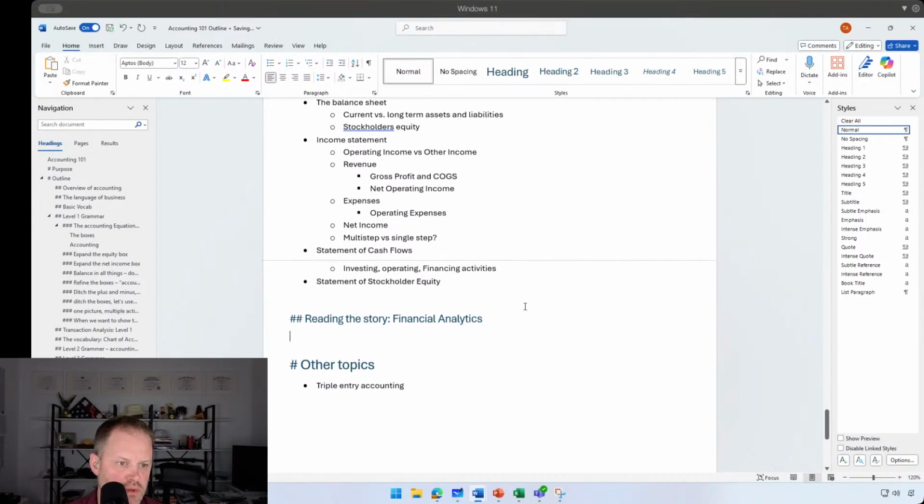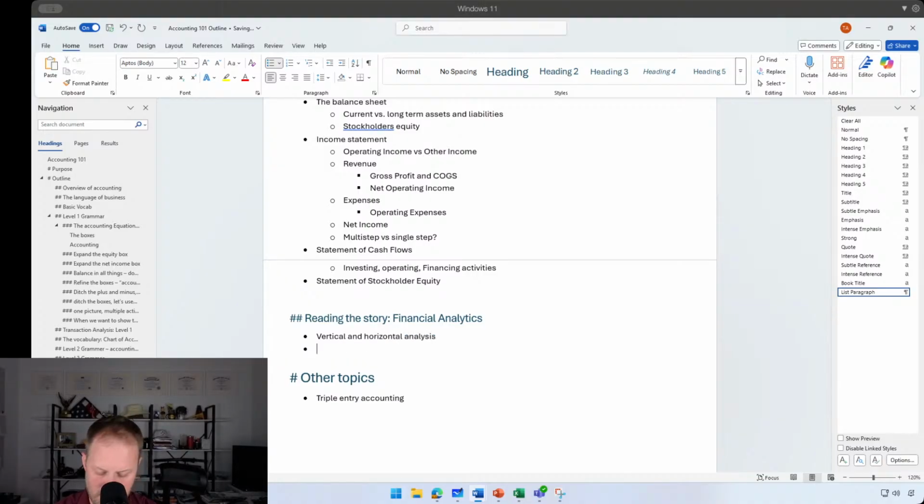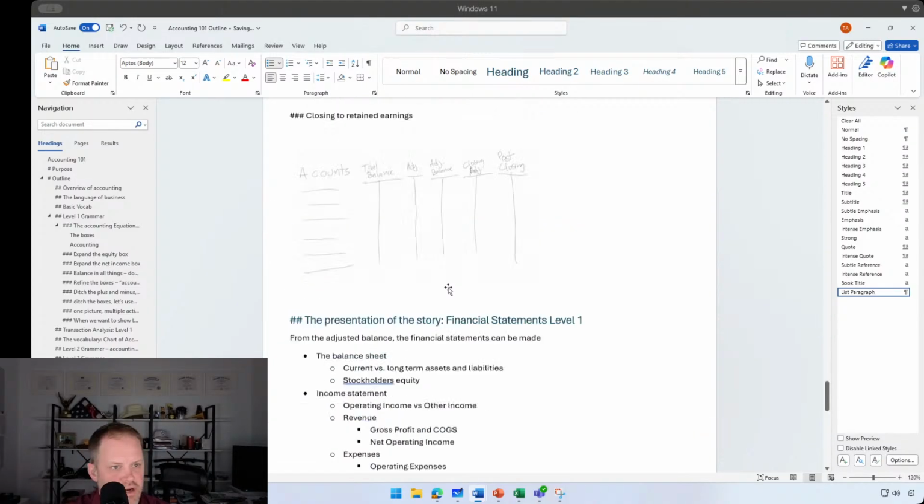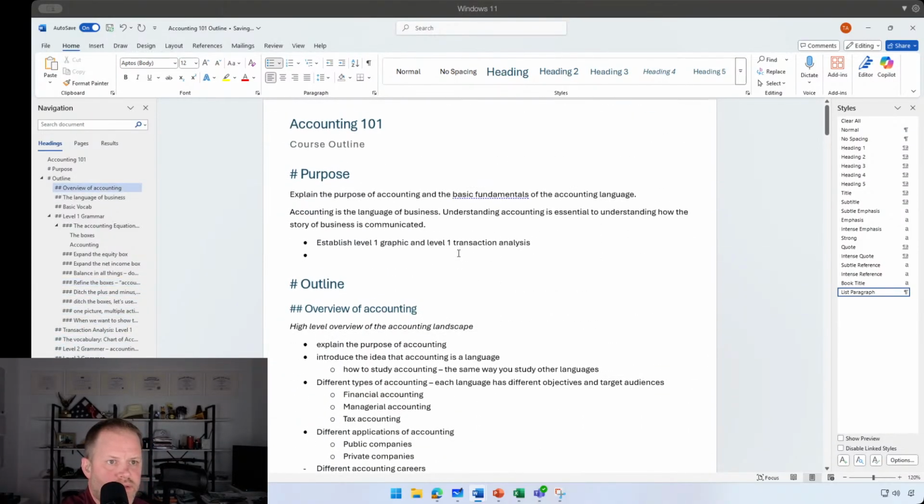Then high level financial analytics, get into like vertical and horizontal analysis. Yeah, to be determined. All right, so I think this is a pretty good Accounting 101 overview.